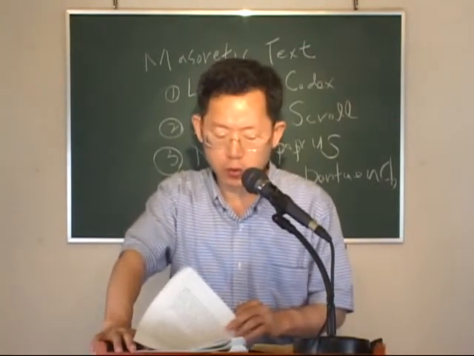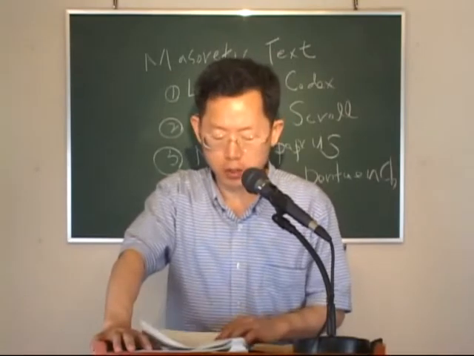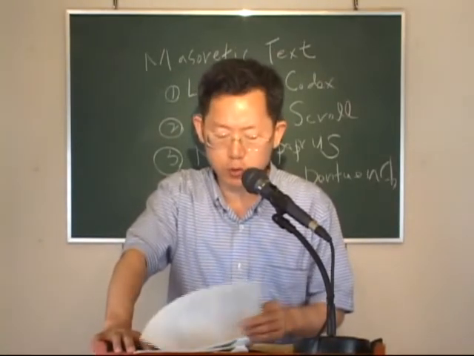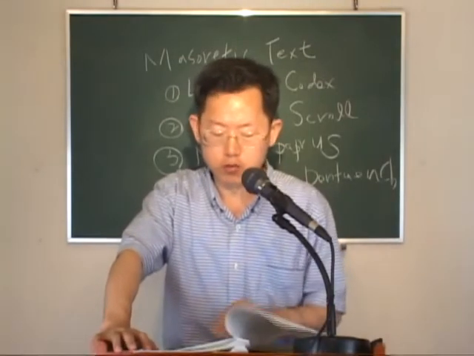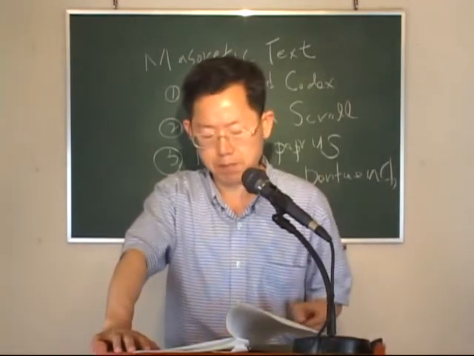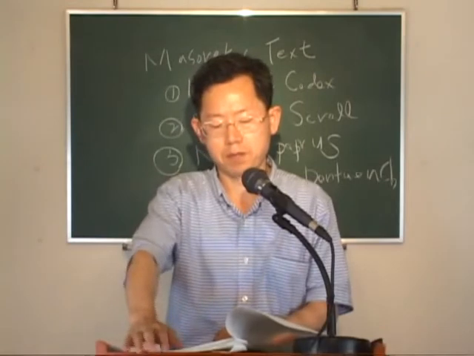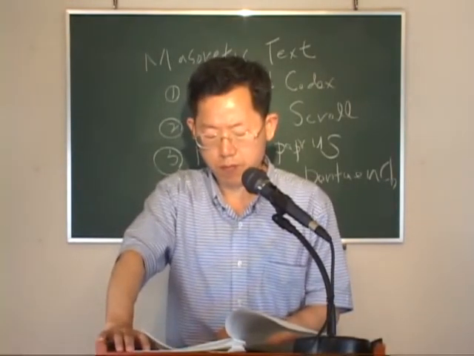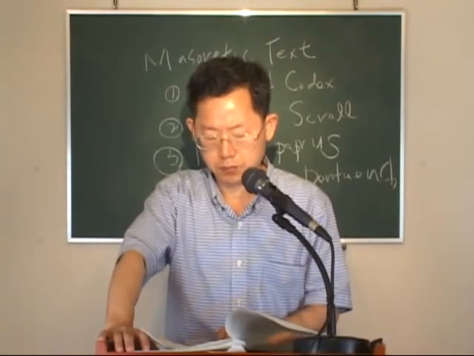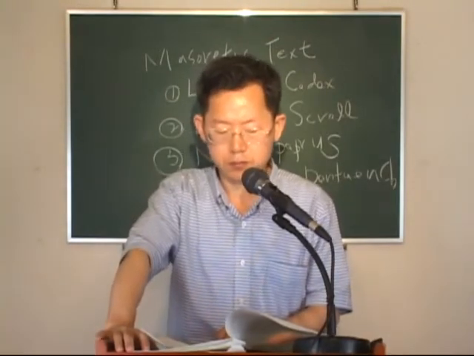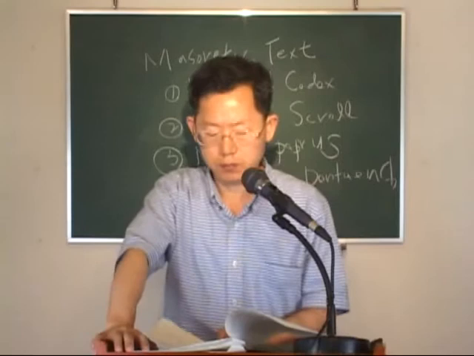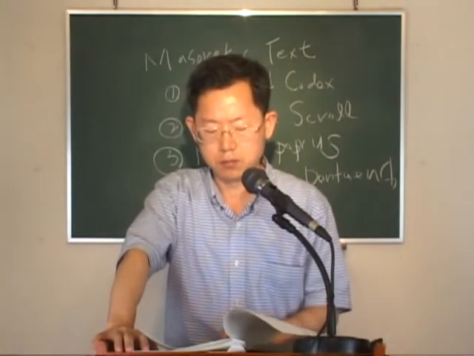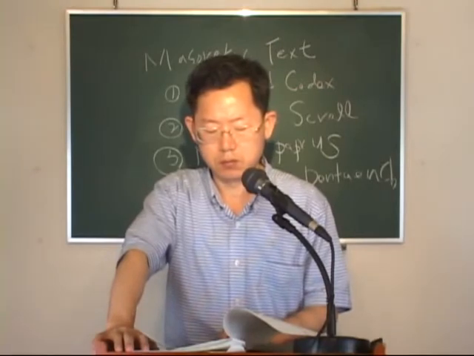The Septuagint is one of the copies that best represents the original copy of the Old Testament. The Septuagint does not significantly differ from the Masorah.